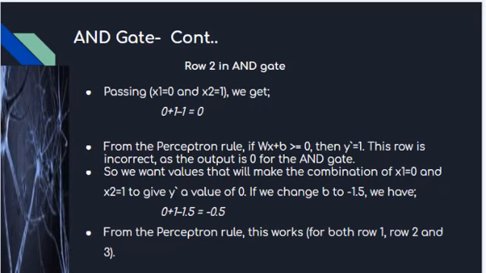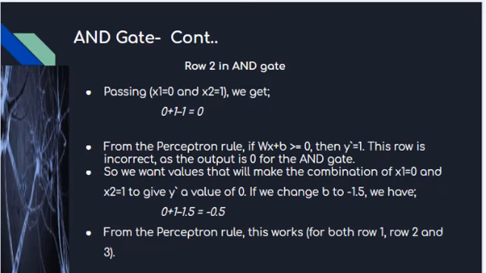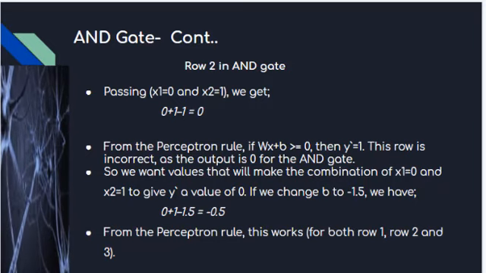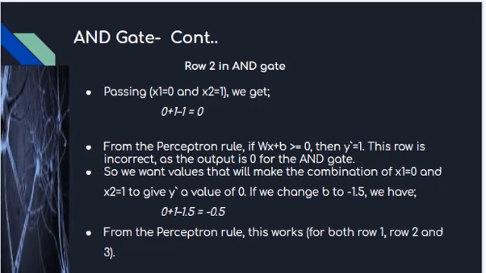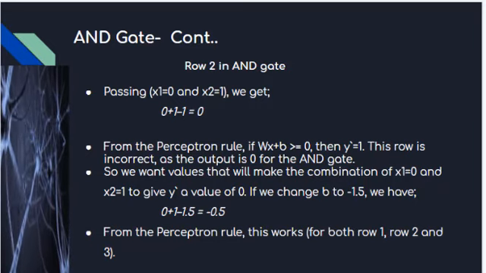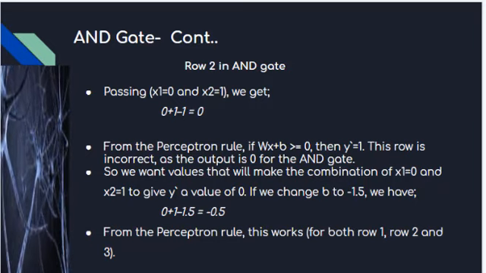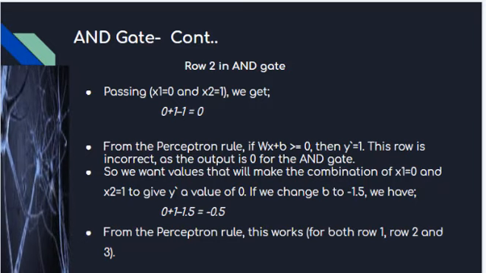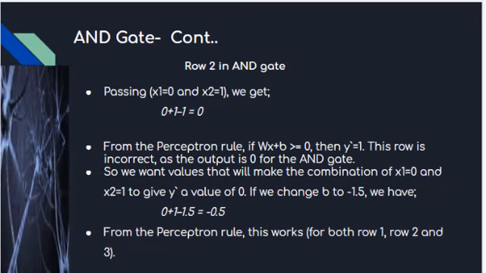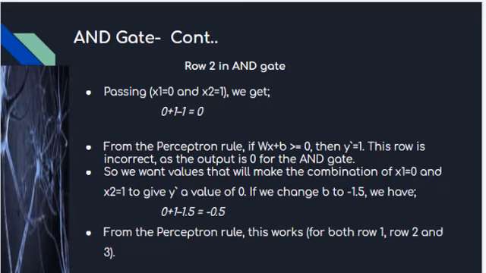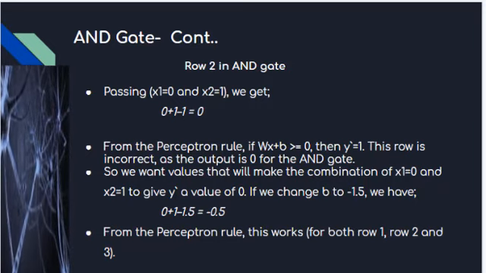So, we want values that will make the combination of x1 equal to 0 and x2 equal to 1 give the prediction, that is y, a value of 0. If we change b, that is the bias, to minus 1.5, we have 0 plus 1 minus 1.5 equal to minus 0.5. From the perceptron rule, this works for row 1, row 2 and row 3.